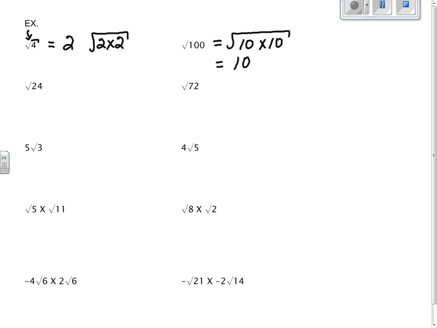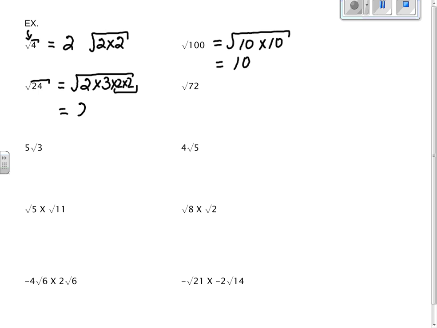Square root of 24 is not quite so pretty. Square root of 24, and I'm going to write it as fully factored as I can. 24 is 2 times 12. 12 would be 3 times 4, which would be another 2 times 2. Let's do a quick check. 2 times 3 is 6, times 2 is 12, times 2 is 24. So I have it fully factored. If there are two identical factors, I can take one out of the root sign.